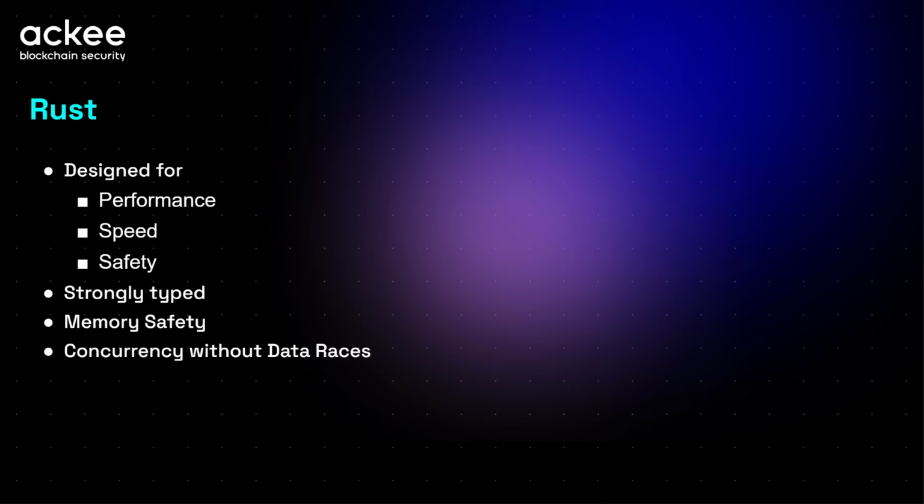It is strongly typed. Rust can infer types based on the context of the code, but the type system is still strict. That means every value has a well-defined type at compilation time.